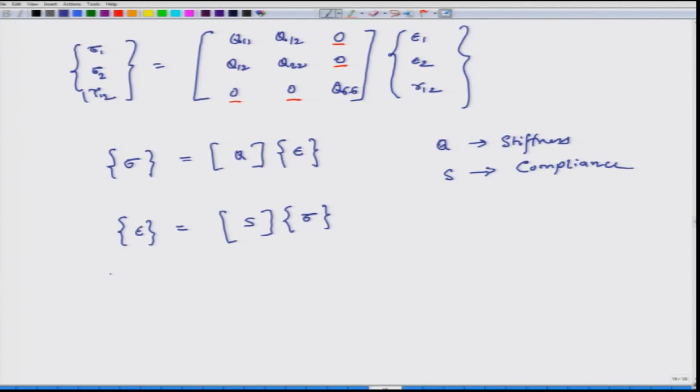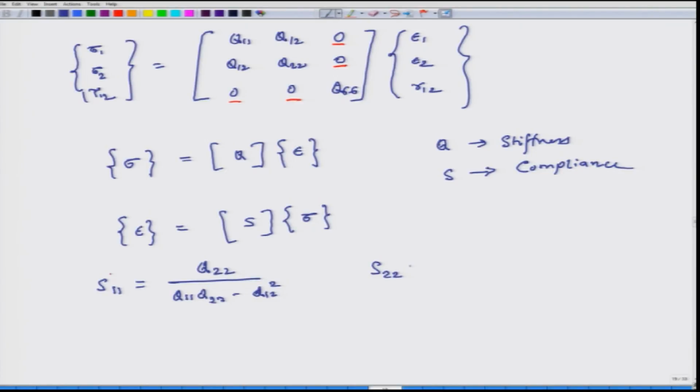Okay. And what are the values of different elements of this matrix? So, S11 equals Q22 by Q11 Q22 minus Q12 whole square.